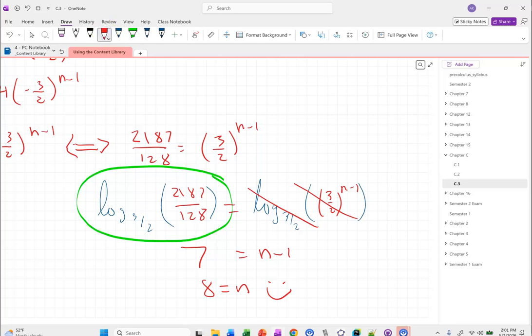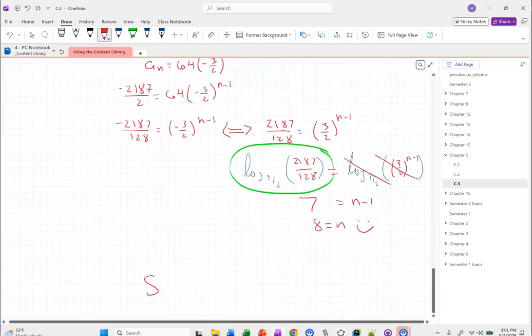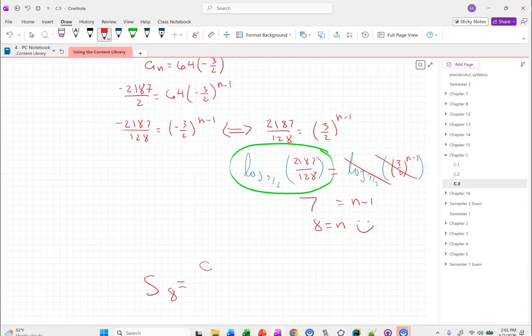All right, so that's everything we needed, right? Now we can fill into our formula. That's going to be the first term times 1 minus negative 3 over 2 to the 8th over 1 minus negative 3 over 2.